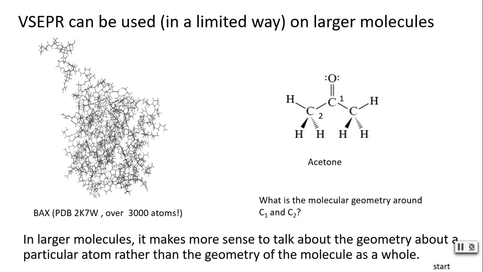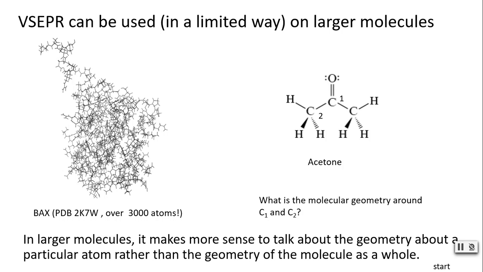So the answer is that there are other methods that we use to determine its geometry, but we can use VSEPR in a limited way on larger molecules, like acetone, a common organic solvent used in fingernail polish remover. We can say something about the geometry of that molecule at a particular center.